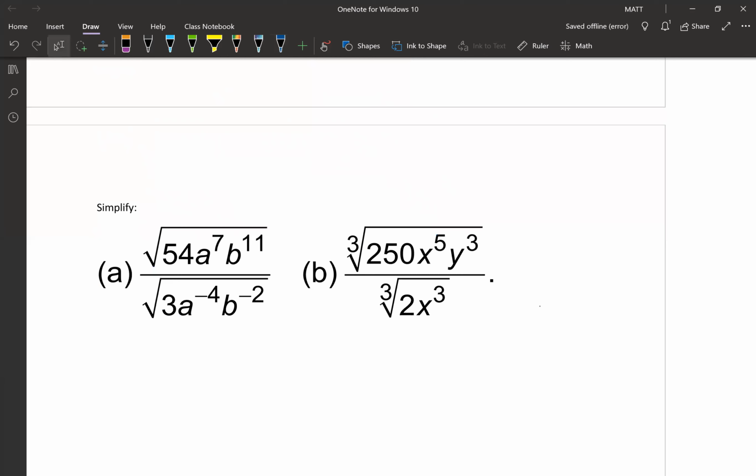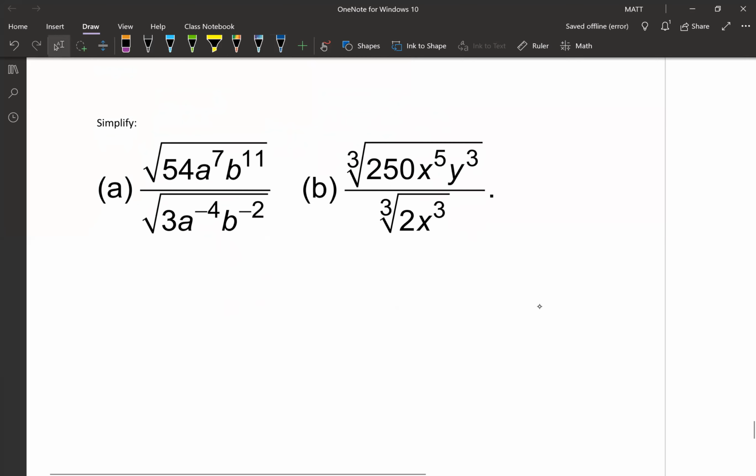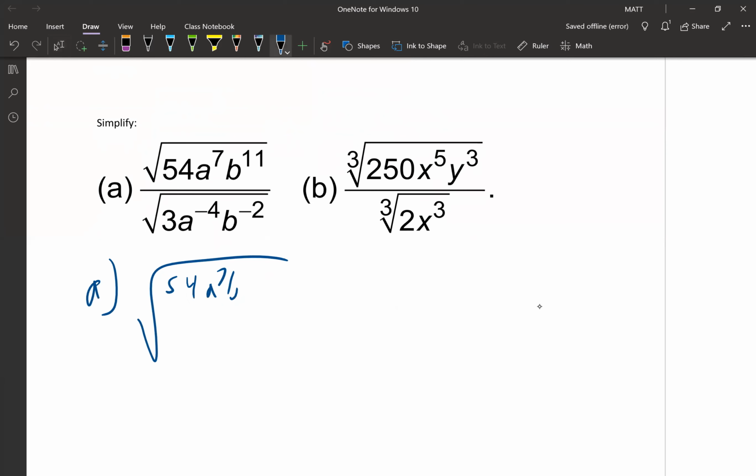So I think what I'm going to do is I'm just going to combine these for A and say, hey, I'm going to take the square root of the whole thing. So we got 54, a to the 7th, b to the 11th, over 3a to the negative 4th, b to the negative 2nd.